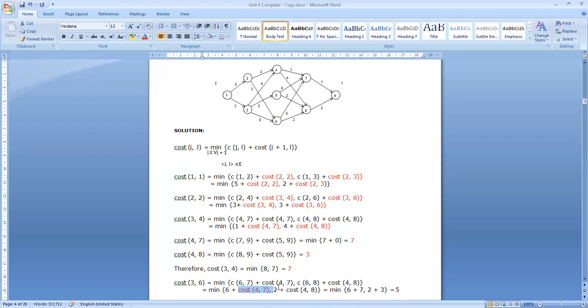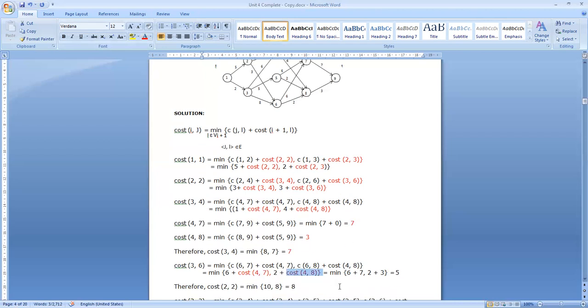Then what is the next one? C of 6 8, it is 2. So 2 plus cost of 4 8. So that is equal to minimum of cost of 4 7, which is already found out to be 7. So 6 plus 7. Then cost of 4 8 is already found out to be 3. So 2 plus 3.